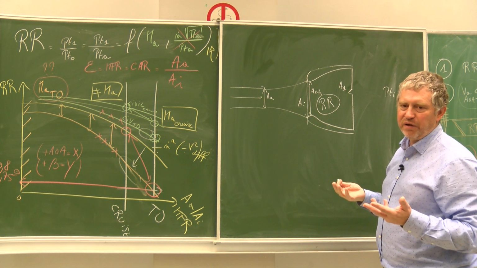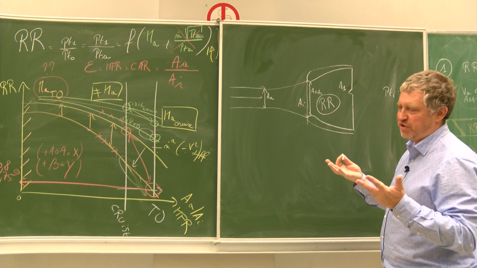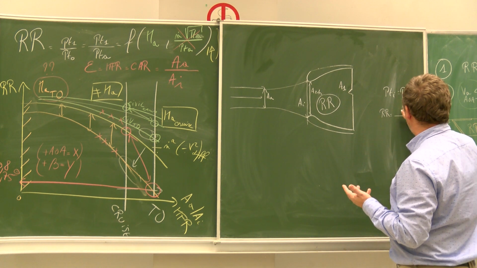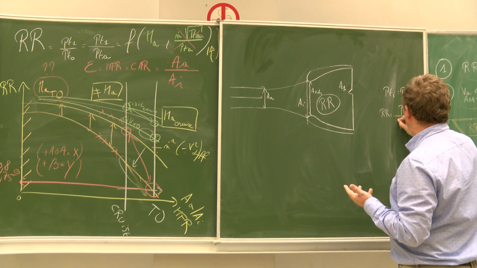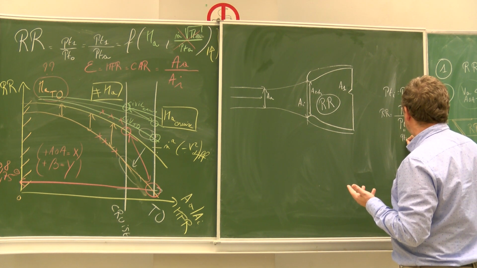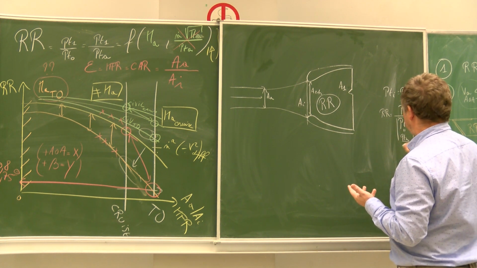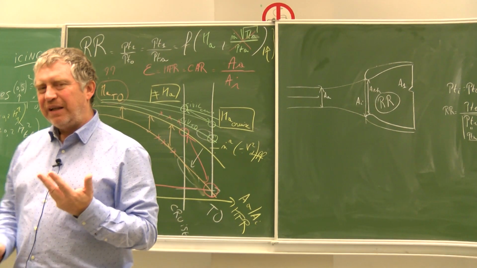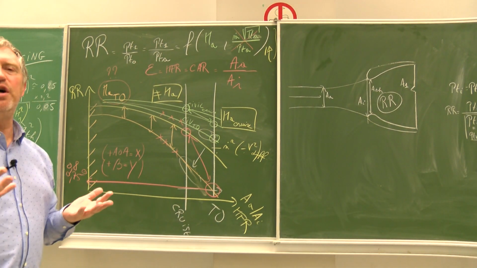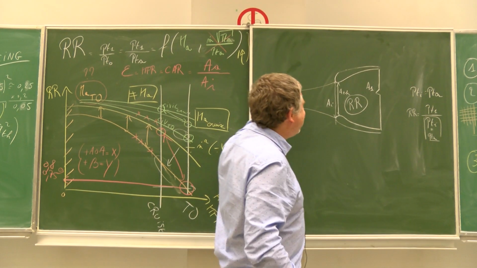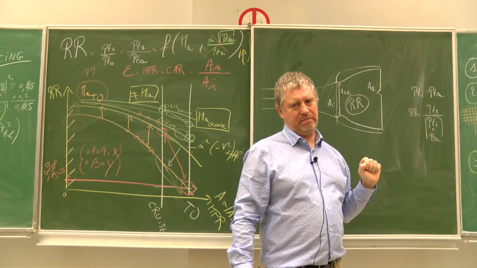So in the non-physical intake there is no loss of total pressure, and the ram recovery is just equal to PT1 divided by PTI, and PTI is equal to PTA. This is what we can call the study of the internal flow, so we are inside the intake.